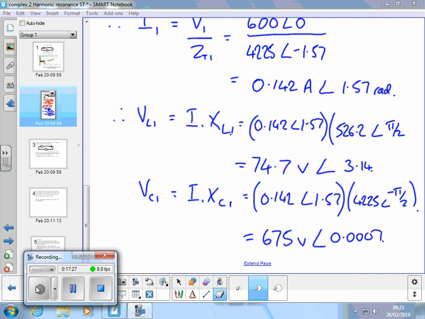In other words, approximately nothing. So 675 volts across the capacitor.